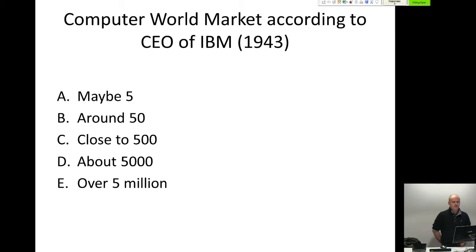I think it's 3. And so if we go back to the origin of computers, you had this CEO of IBM who made a prediction in 1943 about the computer world market. It's not open.